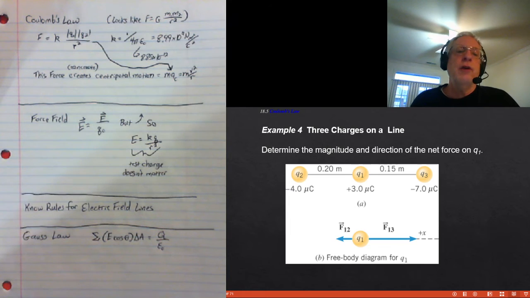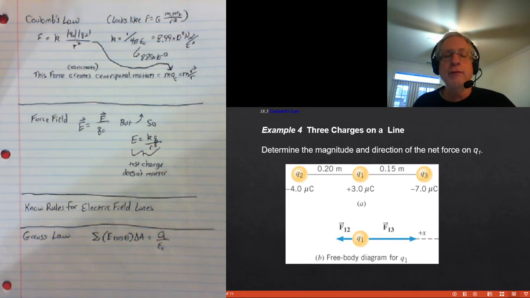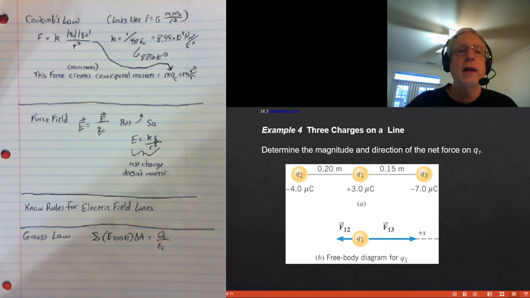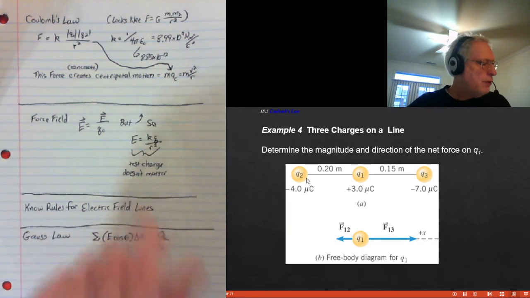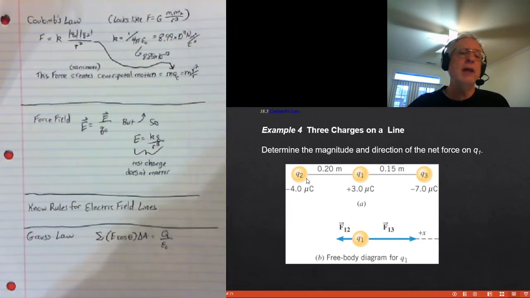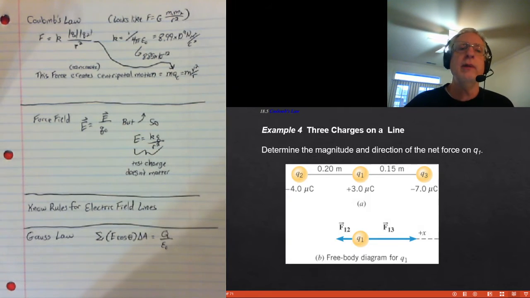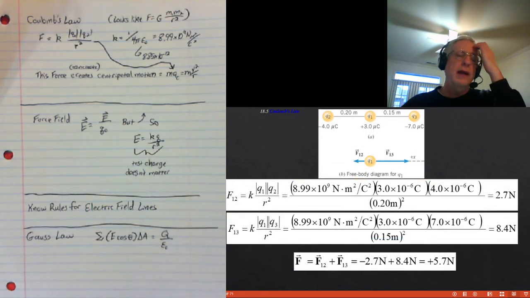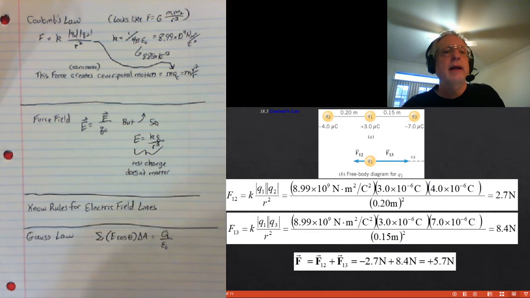Since Q1 is positive, we know there will be an attractive force in both directions because the other charges are negative. So I need to solve for the Q1 Q2 force and the Q1 Q3 force, and then add them together, and that will give me the overall force. This works because they're in a line.